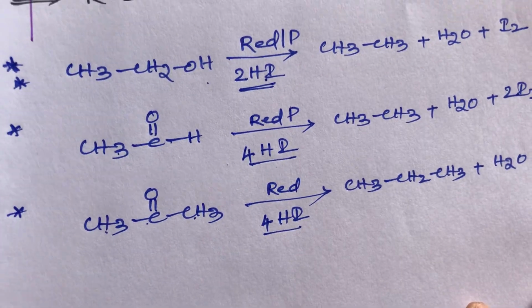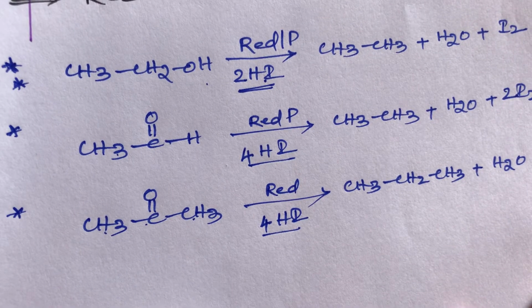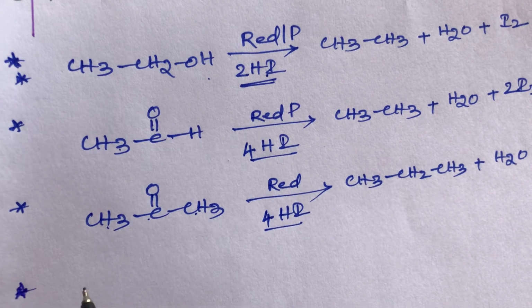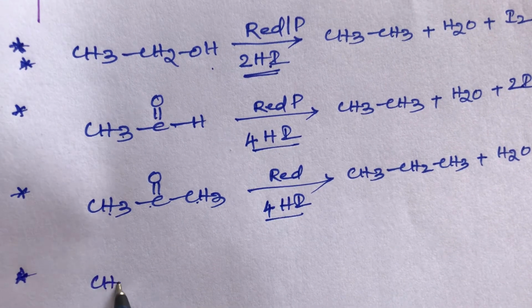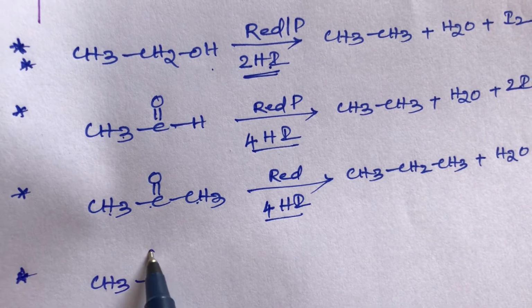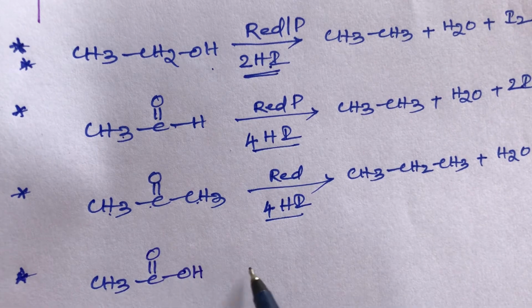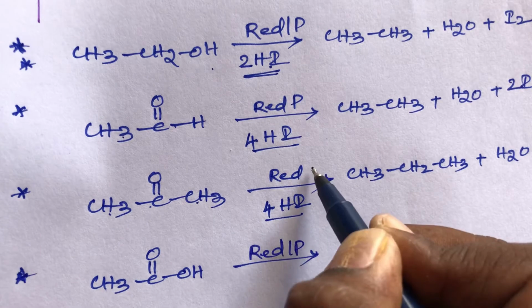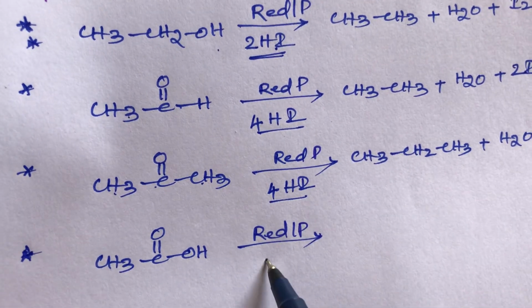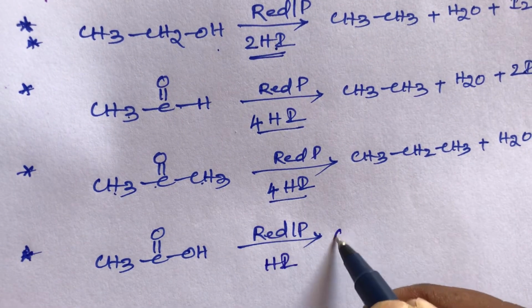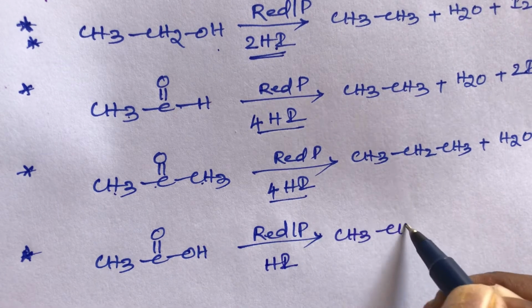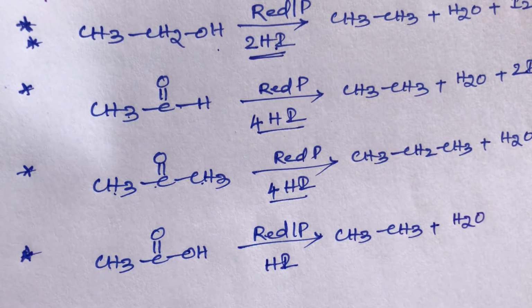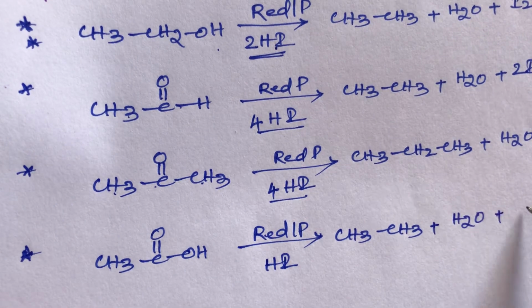Now alcohol is completed, aldehyde is completed and ketone is completed. Now next one is the acid group, student. Take the acid group example, that is acetic acid, CH3COOH. When acetic acid reacts with HI in the presence of red phosphorus, it is also giving ethane plus water plus I2.